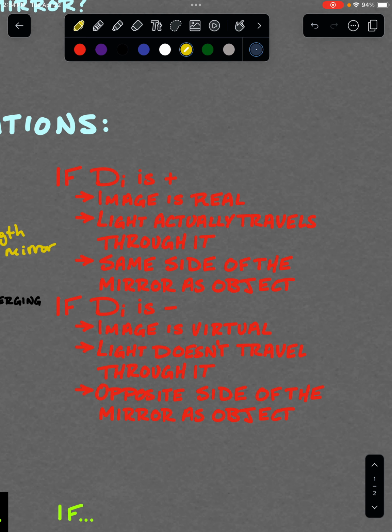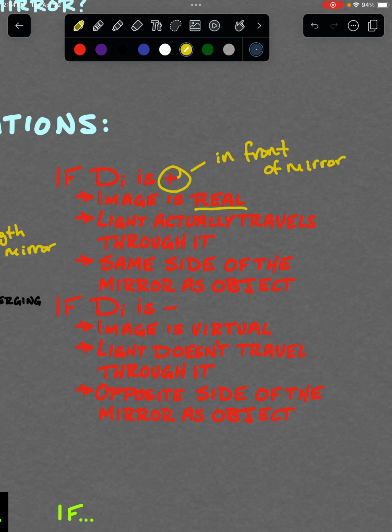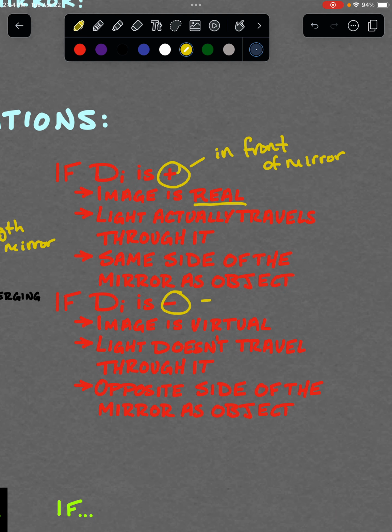If the distance of the image is positive, right? Positive means that it's going to be in front of the mirror. So if it's in front of the mirror, that means the image is going to be real. That means that the light is actually traveling through it, and it's going to be on the same side of the mirror as the object. All right, so positive means it's happening in front of the mirror, but negative means that that image is formed behind the mirror.